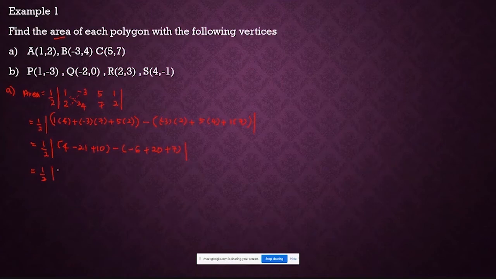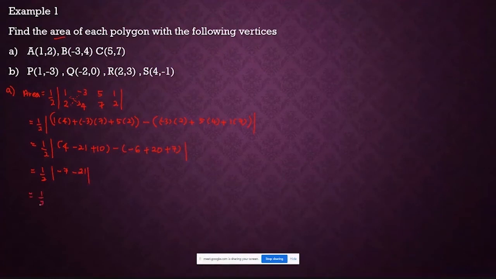Then 4 minus 21 plus 10 is negative 7, minus negative 6 plus 20 plus 7 equal to 21.